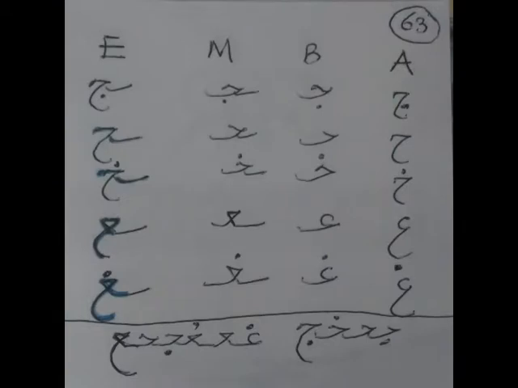Page 63, we continue with the writing, joining of letters. We have Jim, Ha, Kha, Ain, Ghain grouped together because they have the same form.